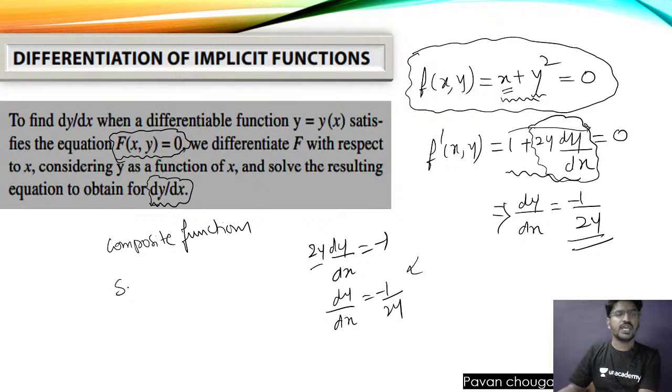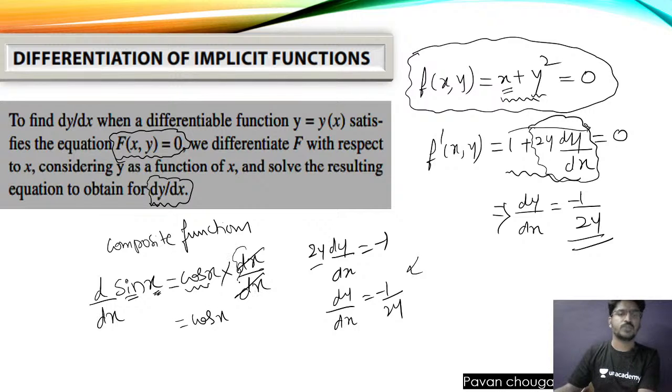If I take sin x and differentiate with respect to x, I know the differentiation of sin is cos x, multiplied by the differentiation of x, which is dx by dx, that is 1. So it remains cos x. Every time we won't write this, because it's a default thing. Directly we write cos x. Are you getting my point? Cos x into 1 will be again cos x.